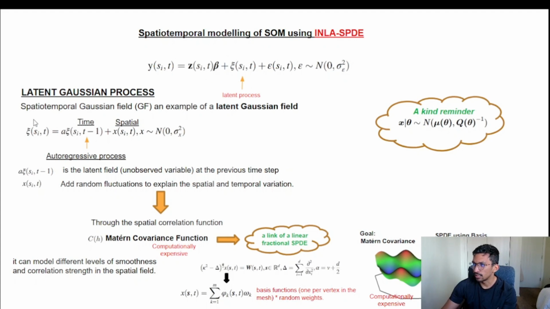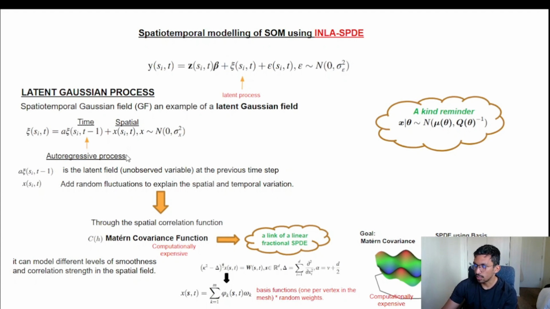We can see this latent process is a combination of temporal and spatial approaches. They are using the autoregressive model that I talked about before.